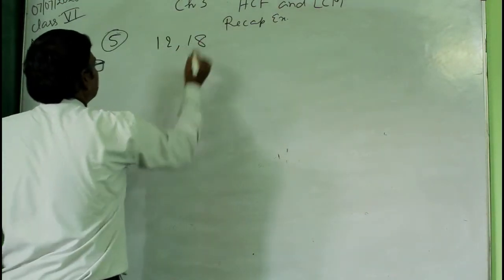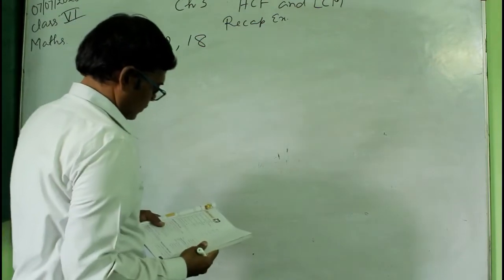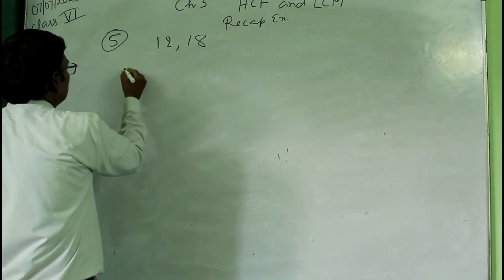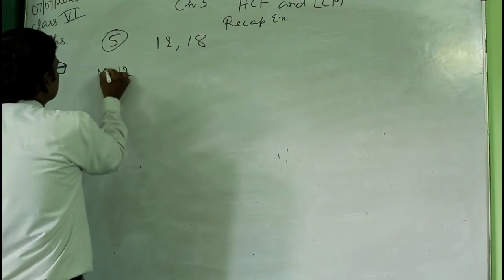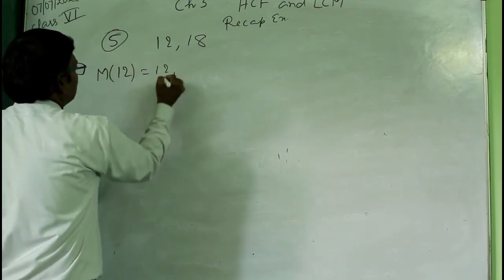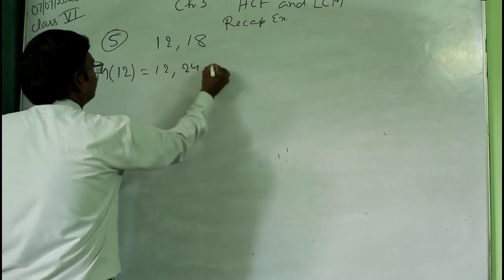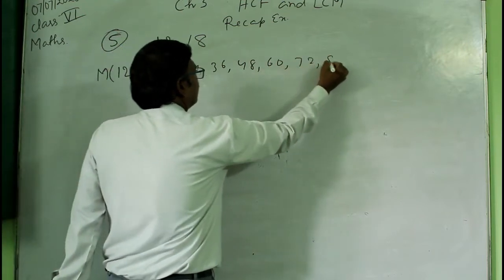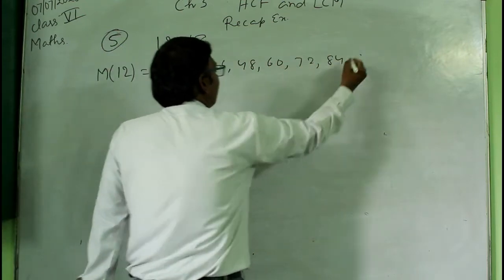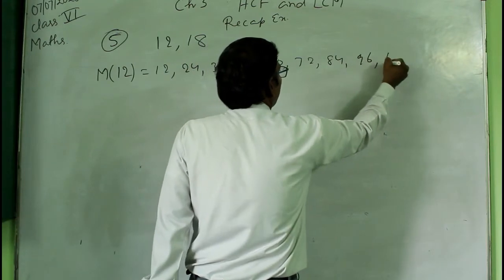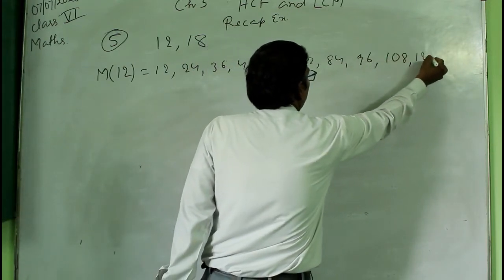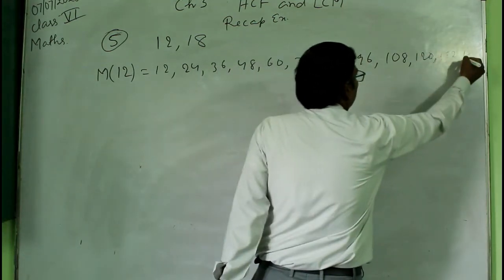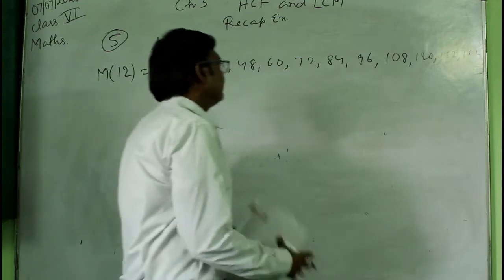12 and 18. So first write the multiples of 12. It will be 12, 12 ones are 12.